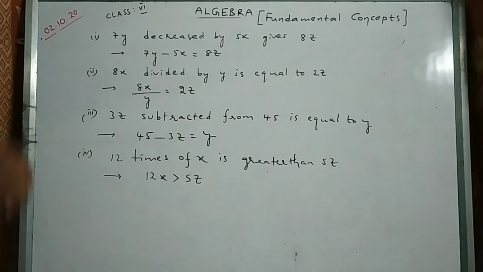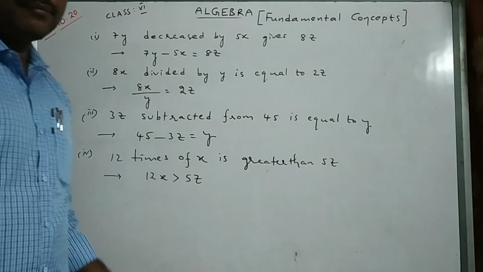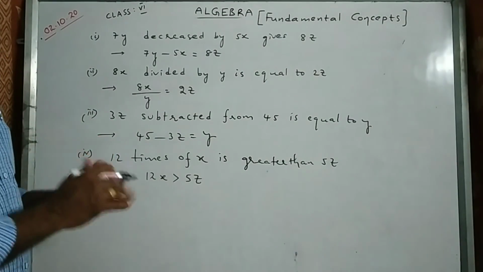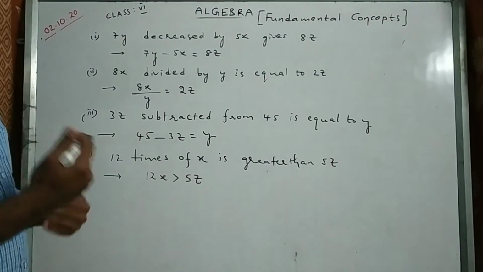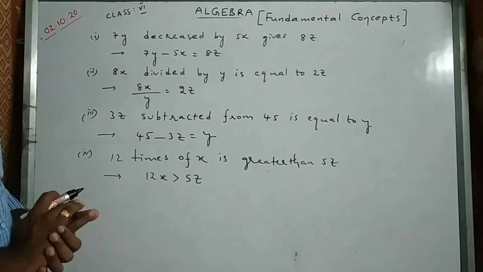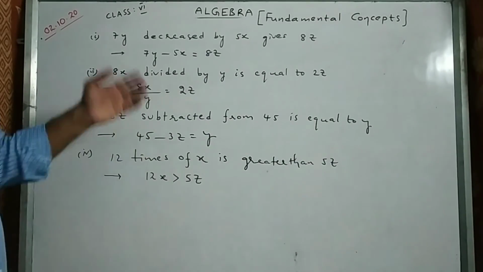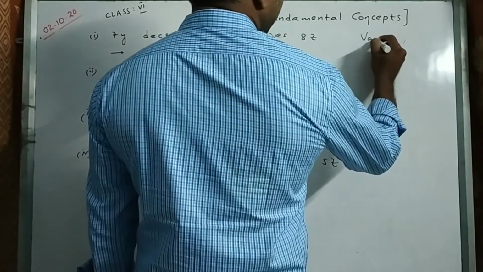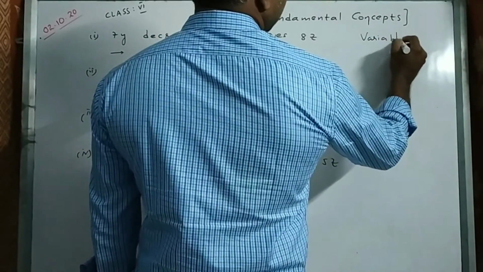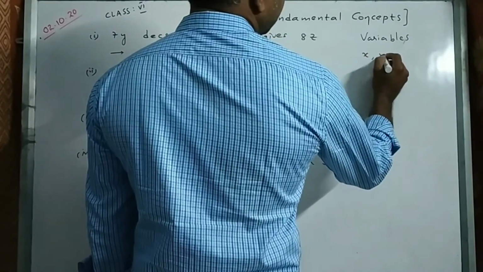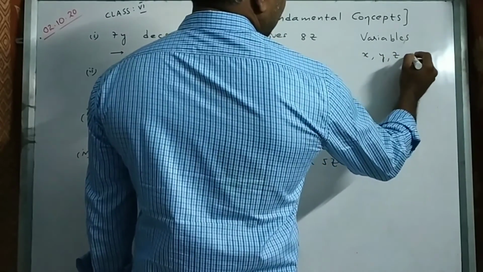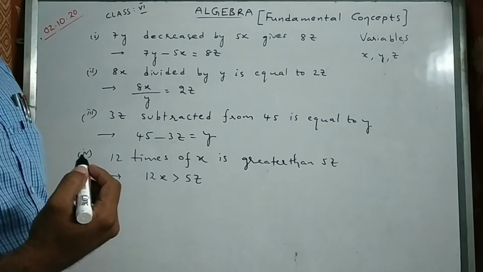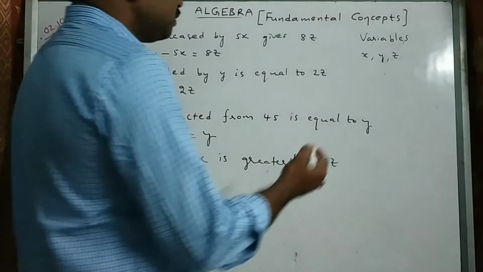Okay? Once again, it is a very important topic. Follow the videos correctly. Learn from the textbook. If you have any doubt, you can clarify from the teacher. Okay? Algebra. We will use variables or literals in algebra. Variables means alphabets we will use, like x, y, z, a, b, c, p, q are all the variables we will be getting. Constants also.